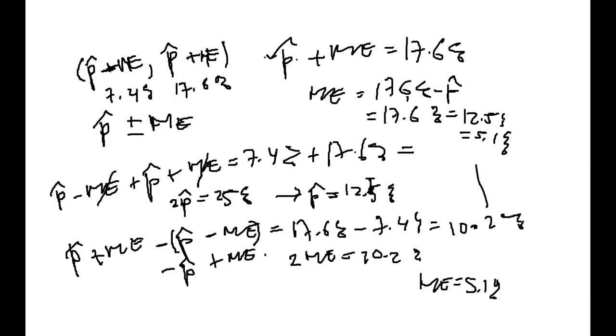So you know the right side is 17.6, right? So for this one you simply subtract 17.6 with the p, right? So you got the margin of error. Okay, so your answer will be 12.5 here, and then this one is 5.1.